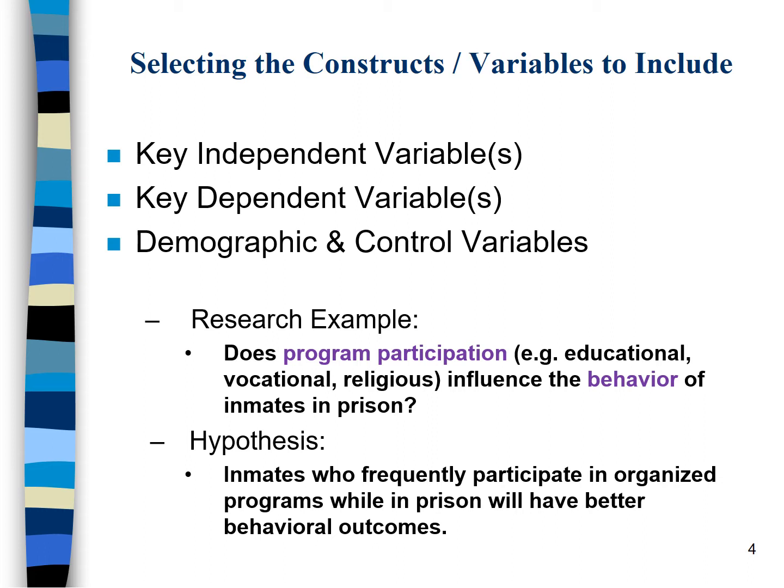So you can see that I've turned it into a statement and I've turned it into something with a directional prediction. I'm arguing that the more inmates have the opportunity to participate in organized programs, the better they're going to behave. So let's use that as we break down and think about the various variables we might include when constructing our survey.